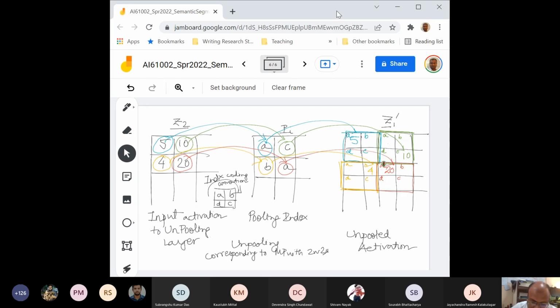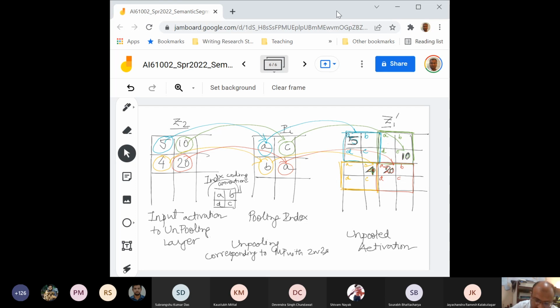Okay, so that is what your whole setup is now going to look like. You have 5, you have 10, you have 20, and you have 4.